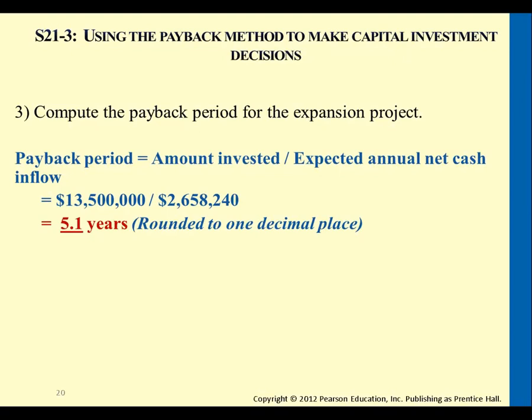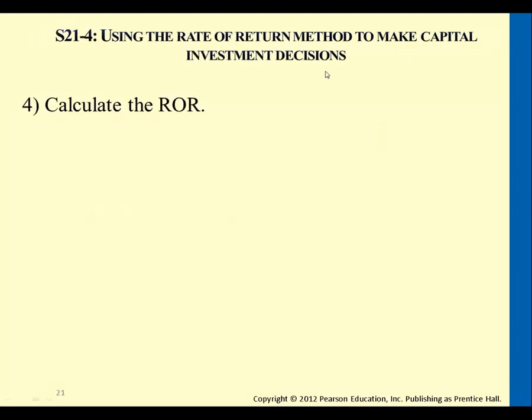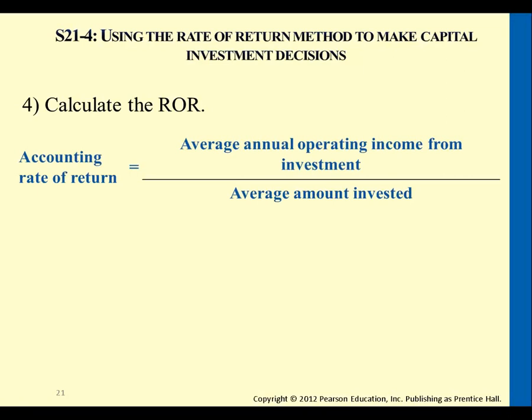So you divide two numbers and you get some number of years. So our rate of return, we just learned how to calculate that. So use that formula and tell me what do you get? What number of percent?